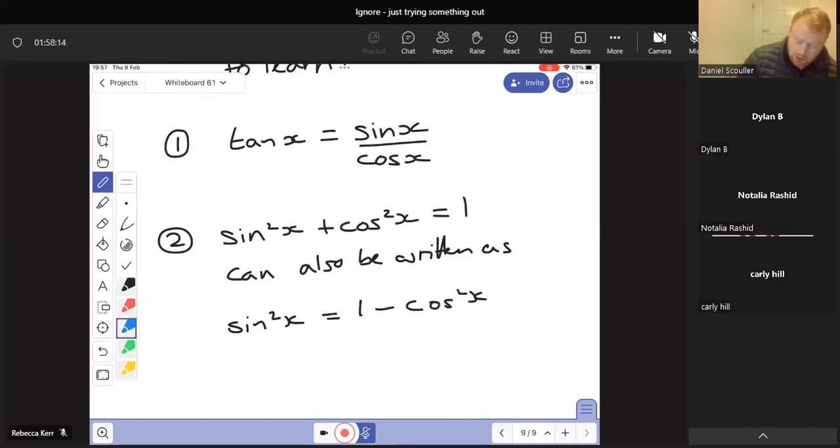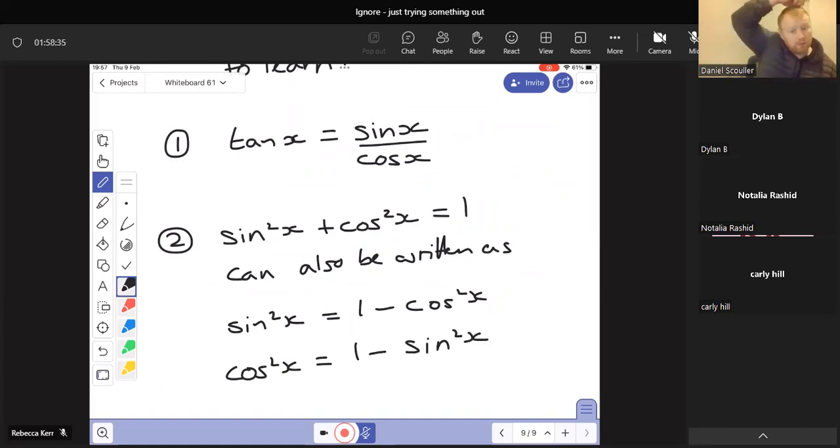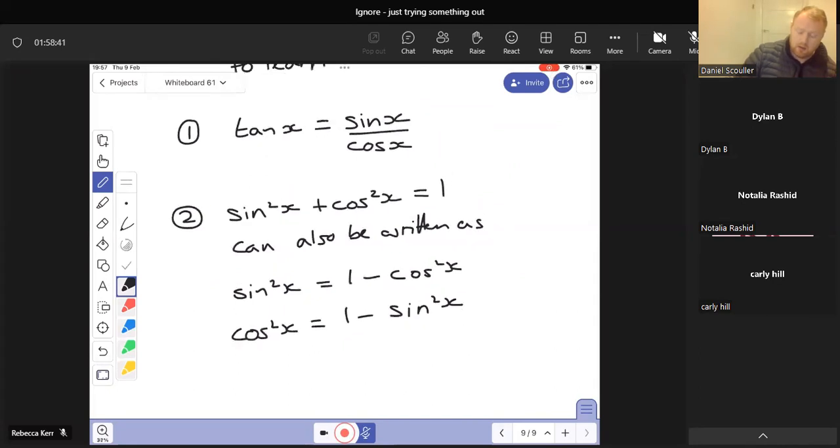All I've done there is move that cos term over to the right hand side. Or it can be written as cos squared x equals 1 minus sine squared x. In that case, we're just moving the sine squared x over to the right hand side. So those two equations are all you need to know to be able to do this.